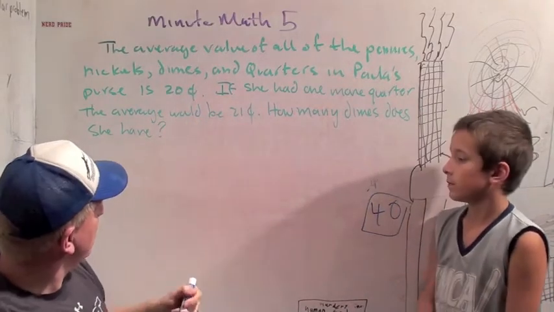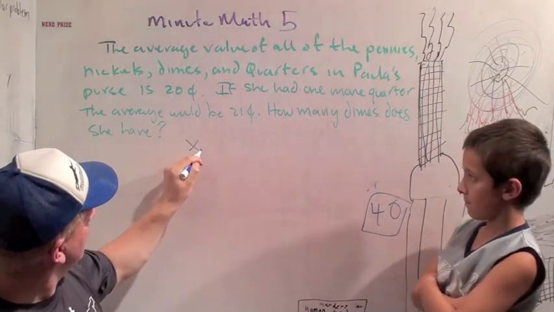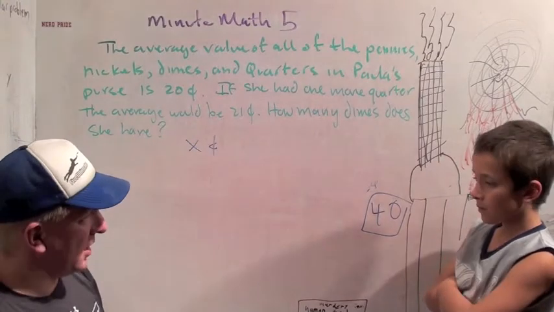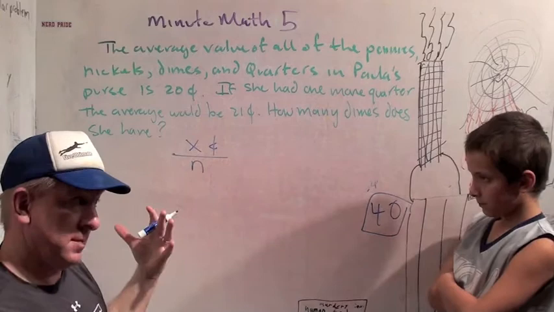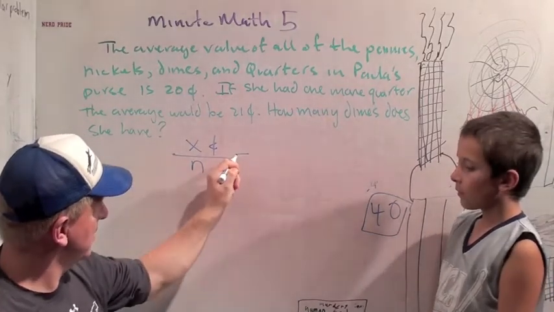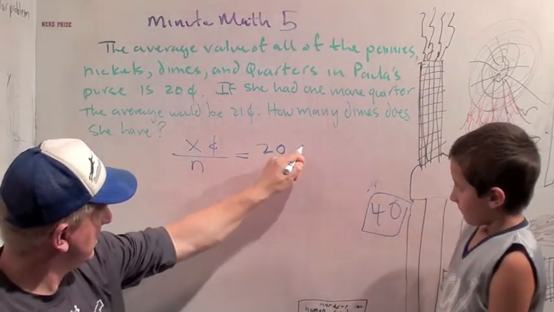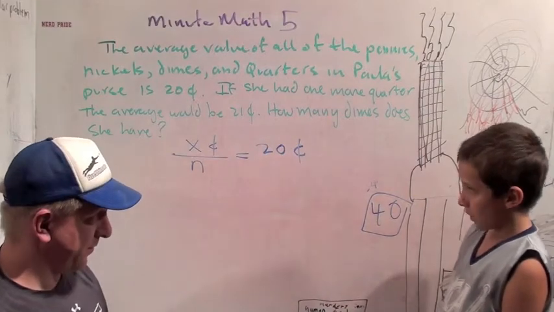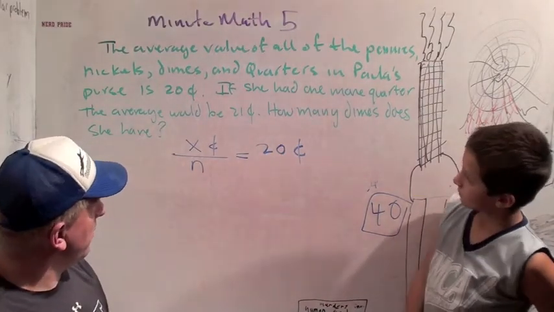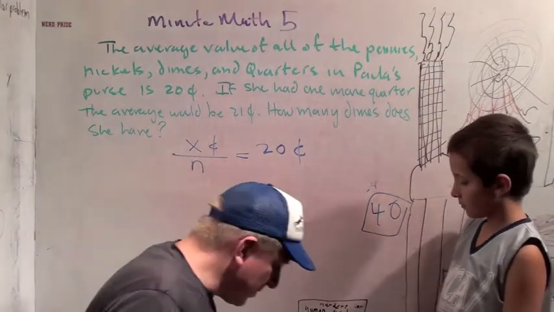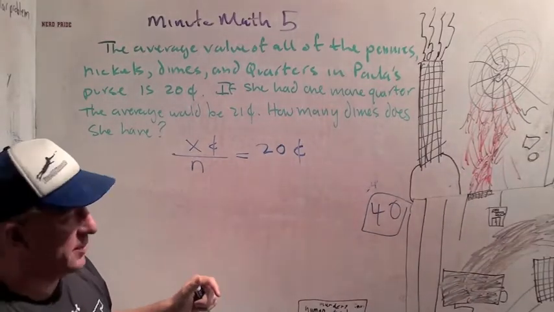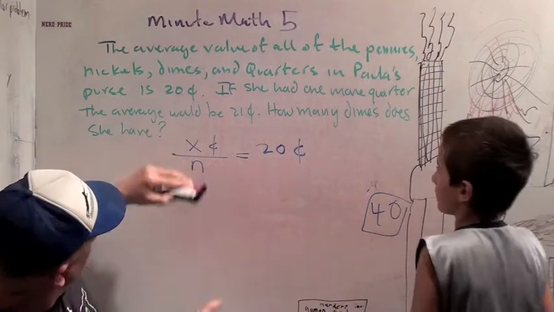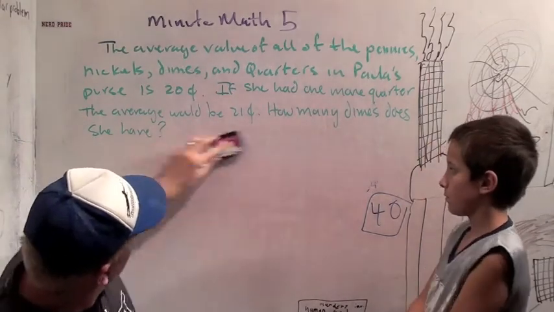So we have X cents, how much she has, divided by N, the number of coins she has, is 20 cents. Let's not write the cents, just because it takes up a little more room. So we could say X over N is 20.